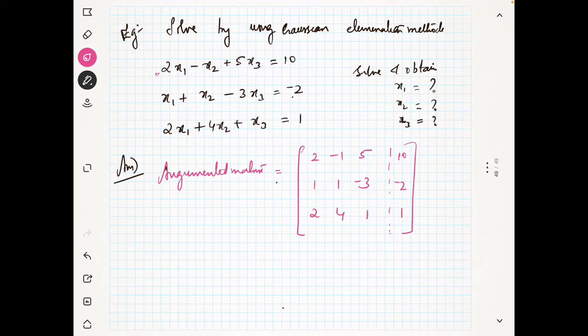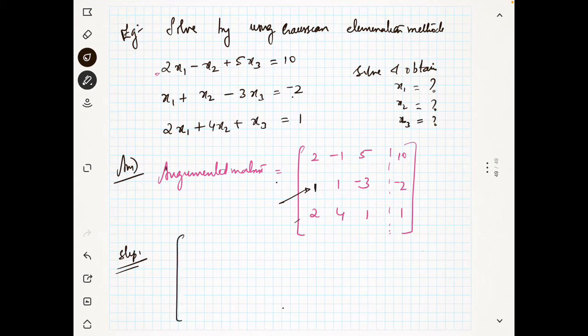Now I am doing some operations on the augmented matrix. So first, step 1, I am doing the operation. I want to make this guy 0. Before that, you see here, this number is 1, this number is 1. So I will multiply row 2 with 2, then it becomes 2. After that, I can subtract row 2 from row 1, or row 1 from row 2.